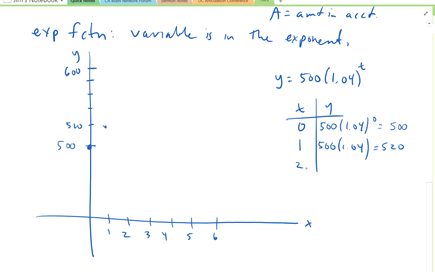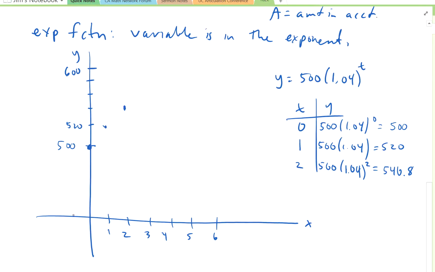So after 2 years, 1.04 to the second, it's going to be 520 times 1.04, which is 540.8. So after the second year, it comes up to 540.8, right about there.